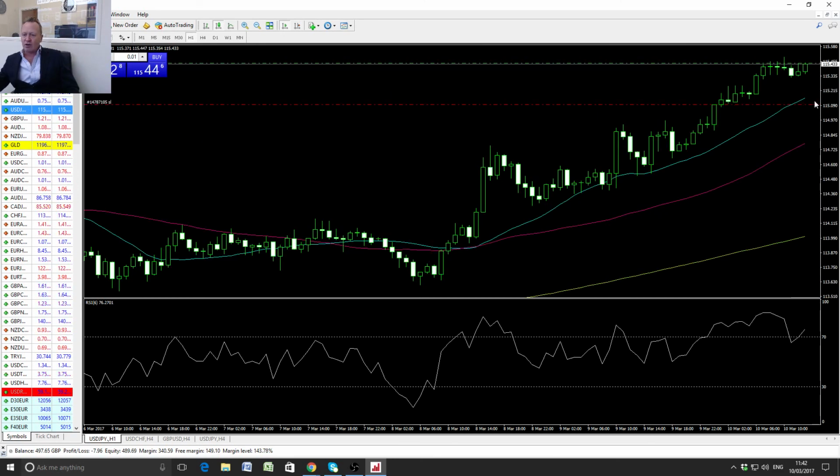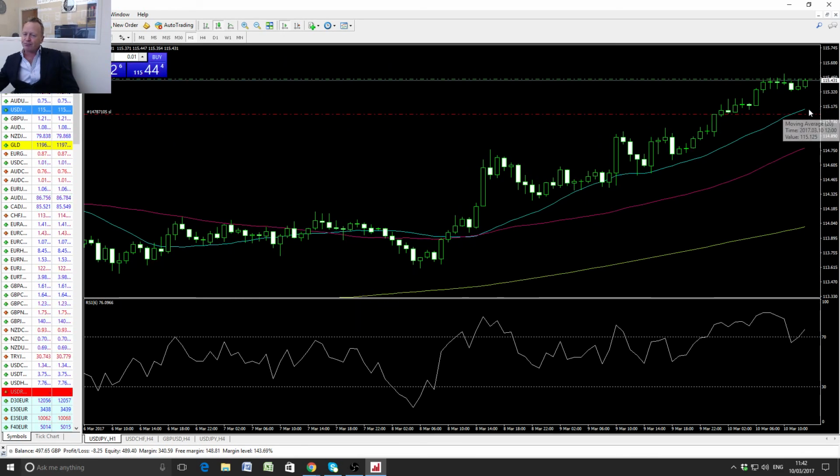Dollar yen. I like the dollar yen, and as you can see, it's just moving from break even into profit. But because of the day that it is, I'm going to take my stop loss and shift it nice and low. So I've got about 13, maybe a maximum of 15 points of risk. That's all I've got on that trade.